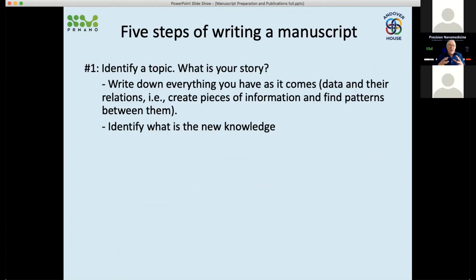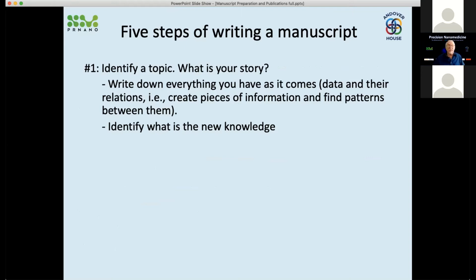So practically, there are 5 steps of writing a manuscript. Number 1, identify a topic. The research topic is usually identified by you or your supervisor, but the point is, what is your story? You usually set out with a hypothesis to prove or disprove.